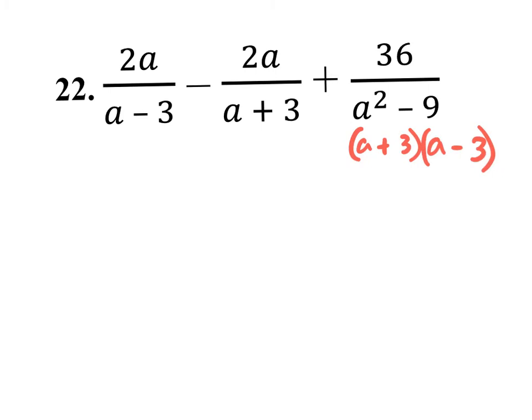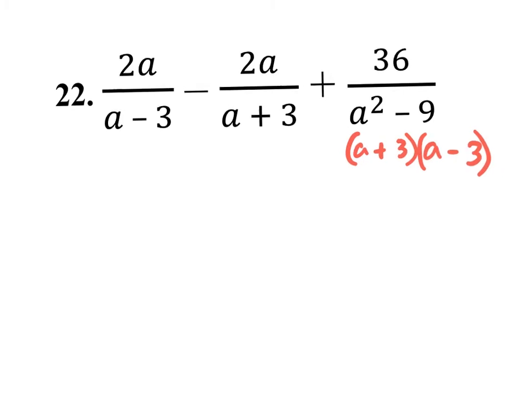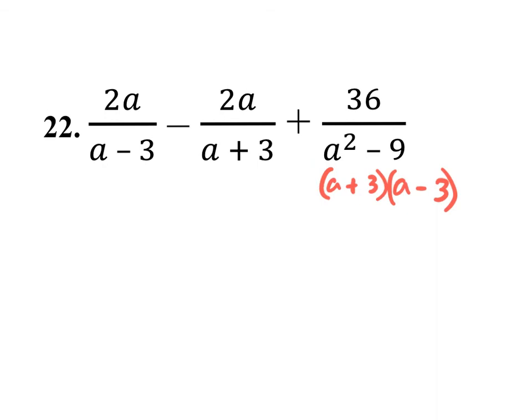So what we're going to do is identify the LCD, and to find the LCD you take what pairs up. And what pairs up? There's an a minus 3 here and an a minus 3 there. So there is an a minus 3 as the first part of your LCD. What else pairs up?